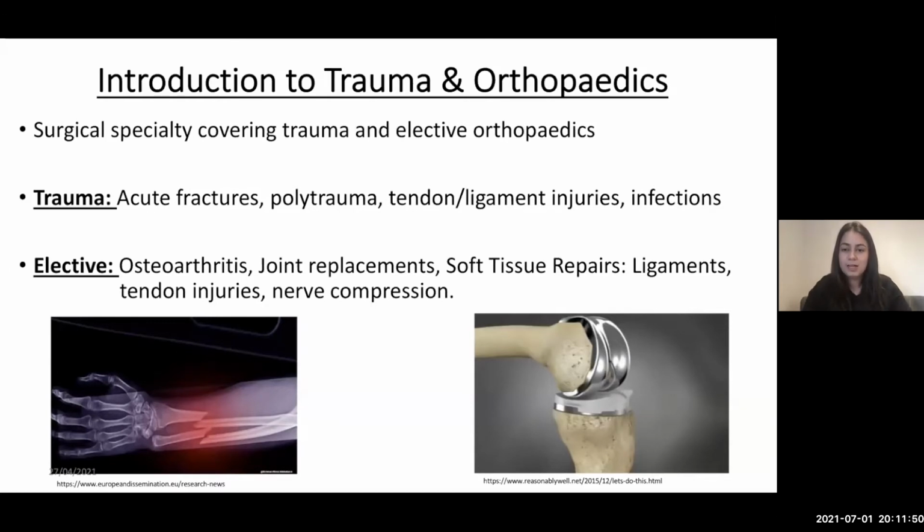We do ACL repairs in the knees, and also nerve decompression, such as carpal tunnel syndrome, which you would have heard of. This picture down here just shows a broken radius bone and ulnar bone, and this one here shows what a total knee replacement is. So we cover it with metal, plastic, and metal again.